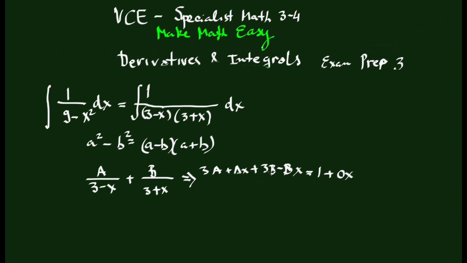So therefore, grouping the x terms, we have a minus b, and the coefficient of x is 0, so we have that a minus b is equal to 0, and we have that 3a plus 3b equals 1.